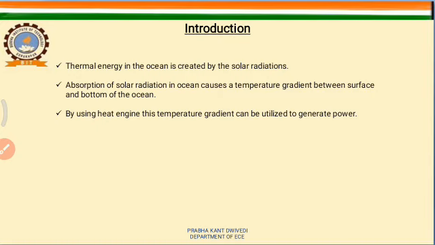Due to this, a temperature gradient is created between the upper part of the ocean and bottom of the ocean. So this system, means OTEC system, utilizes this temperature difference to convert this thermal energy into some useful power.